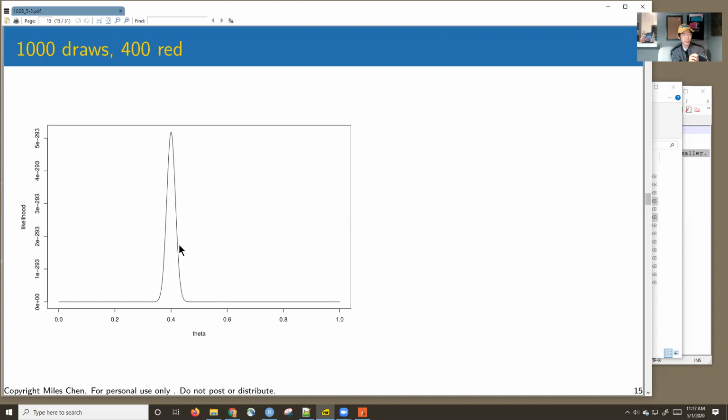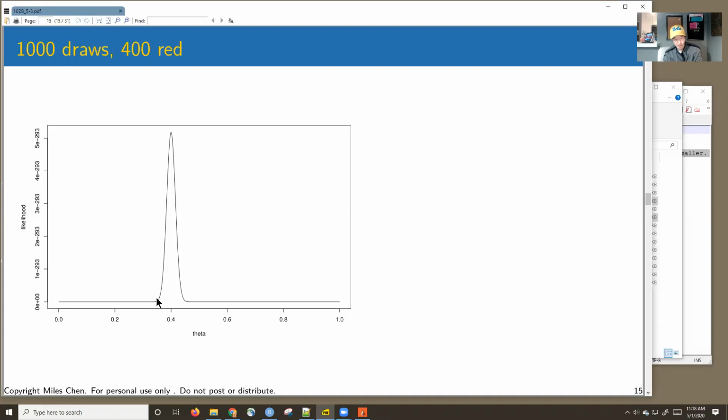So if you told me that the pouch is 41% red, yeah, I could believe that. After 1,000 draws, I might only get 400 red. Or if you told me that the pouch is 38% red, I could believe that I happened to get 400 red.